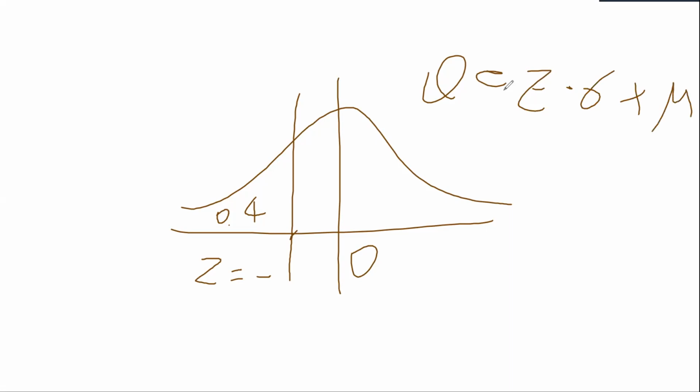So z is negative, so Q is going to decrease, right? And if z is positive, then the optimal order quantity increases. And the bigger the z value we get, the higher the optimal order quantity.